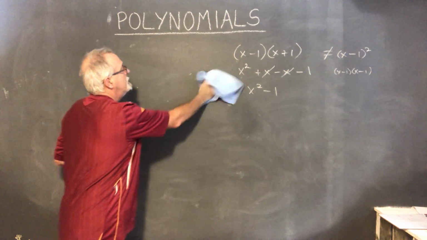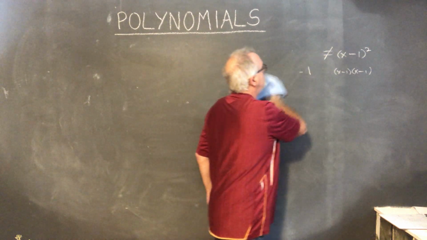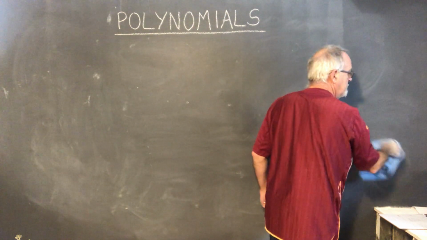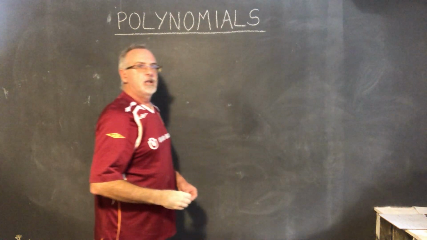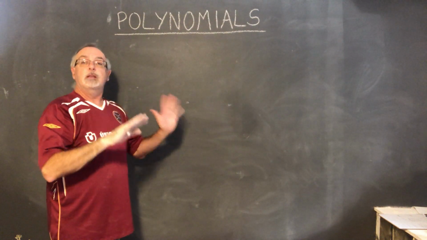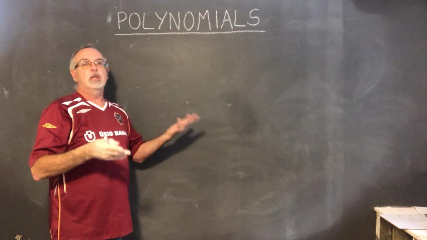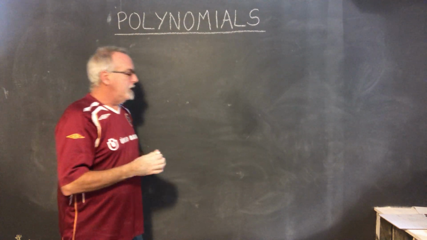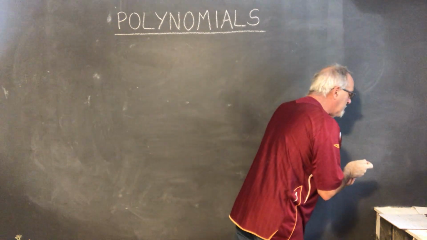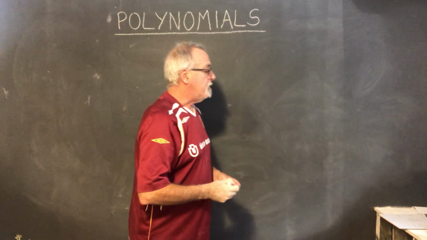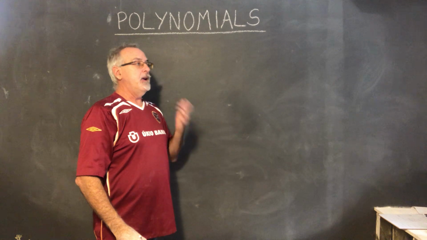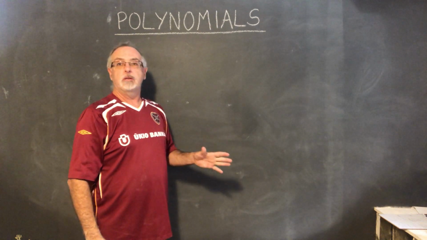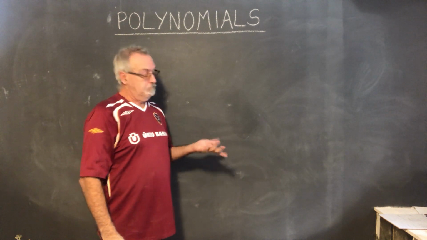Factoring is when we have an expression and we're saying, if this was the answer to things being multiplied together, what would those things be? It's not always binomials, but we're going to work with some trinomials, and we're going to factor them, and we're going to get binomials as their factors.